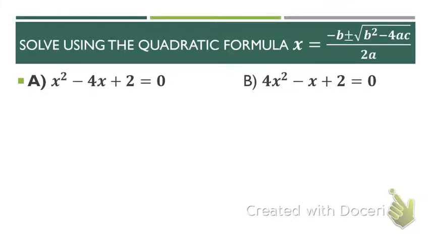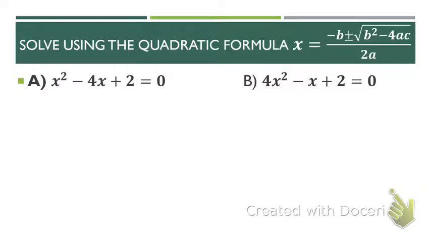And we're going to solve it using the quadratic formula. Now, just like with factoring, you want to make sure it's set equal to 0 first.